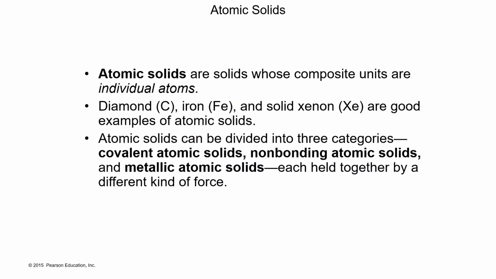or ionic bonds. Atomic solids are solids whose composite units are individual atoms. Diamond carbon, iron, which is Fe, and solid xenon are good examples of atomic solids. Atomic solids can be divided into three categories: covalent, non-bonding, and metallic.